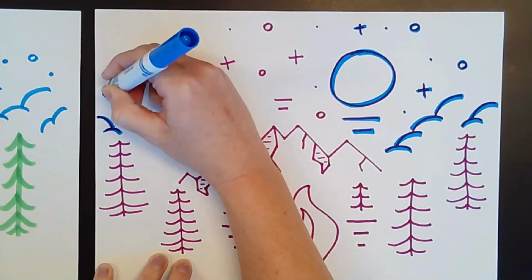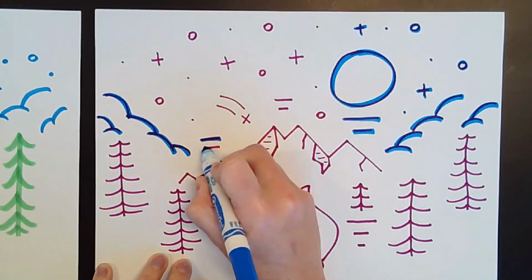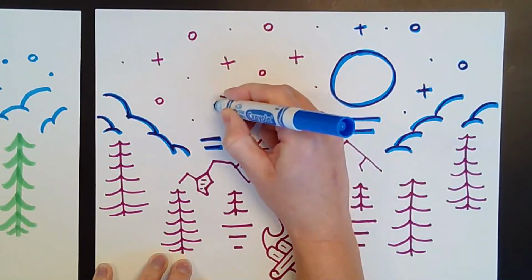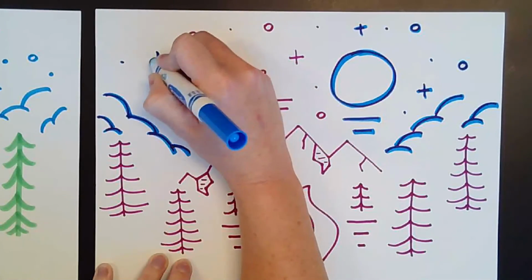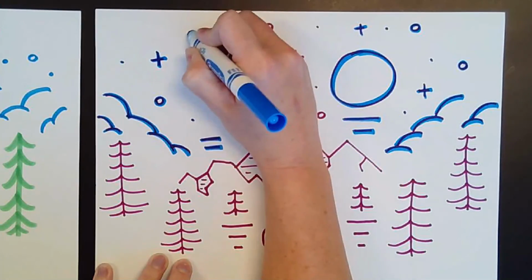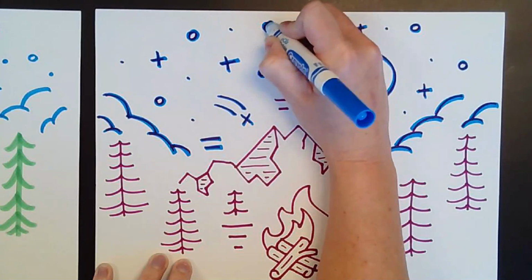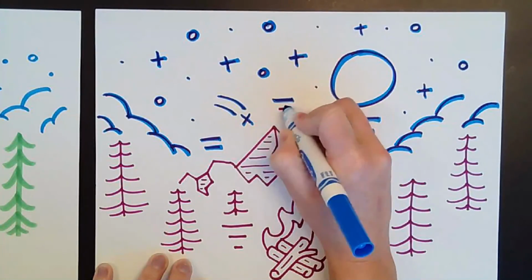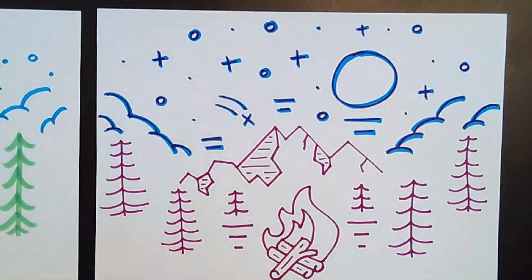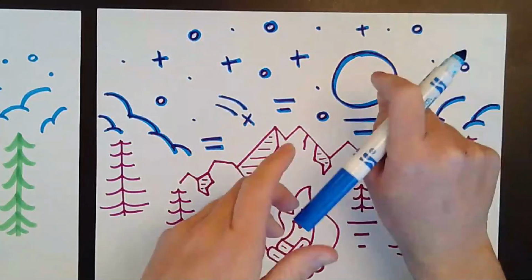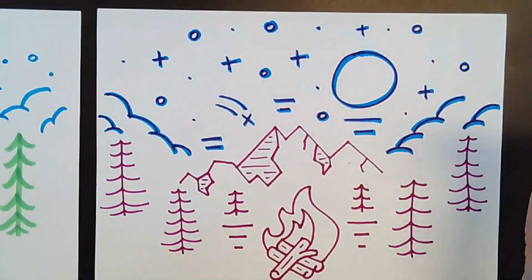So we're just doing the clouds. And everything in the sky. Clouds and everything in the sky is blue. When you're done, snap that cap.